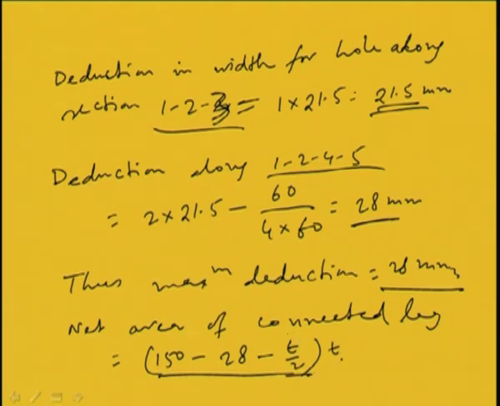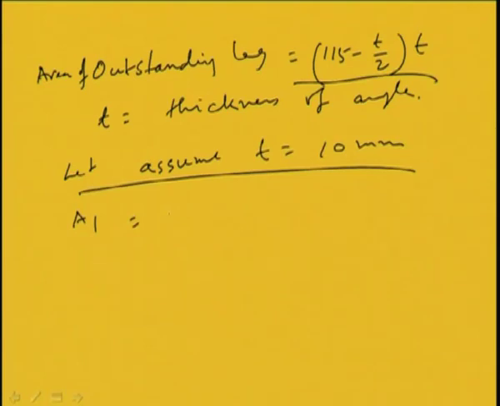If we assume t as 10, it will not change much, because the reduction will not be much. If we make it 10 or 8 or 12, it is not going to affect much. That is why we are assuming for the sake of simplicity.